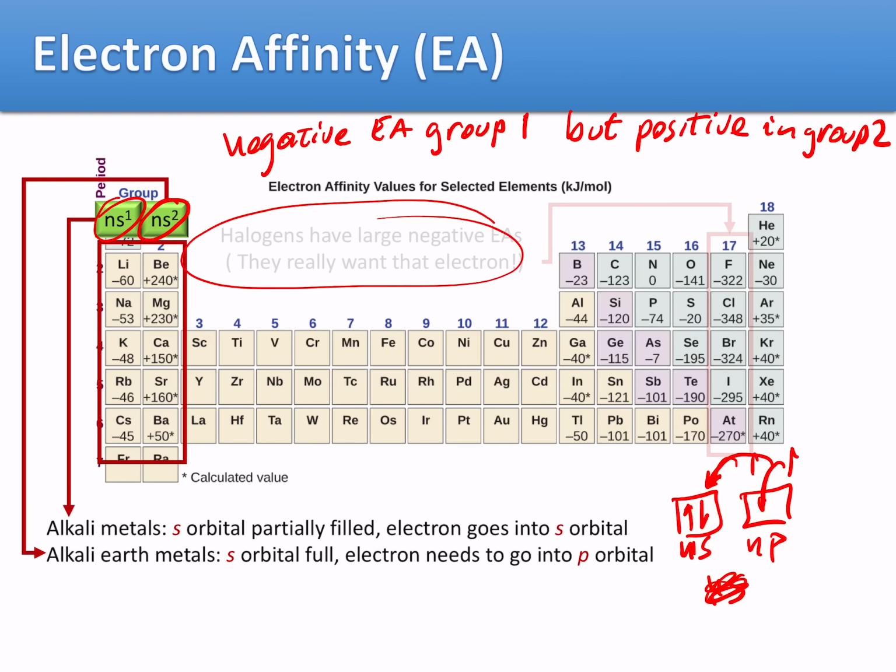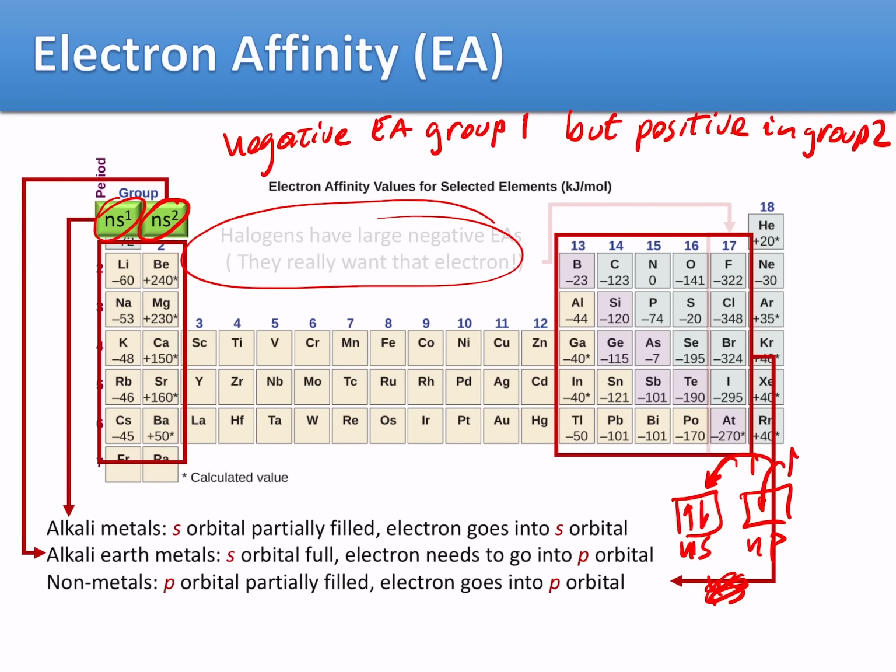Okay, so group 1, the electron goes in the s orbital. Group 2, the electron has to go in the p orbital because there is no space in the s orbital, and that requires energy. Okay, when you go to the other side of the periodic table, in the p block, remember this is the s block, when you are in the p block, all those p orbitals, there is always room all the way to the halogens.